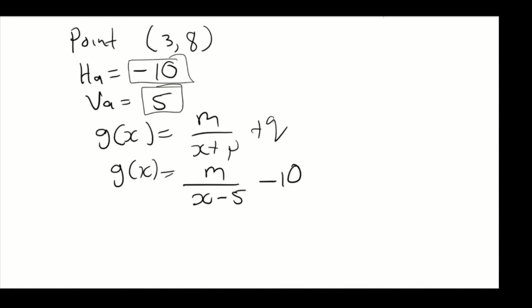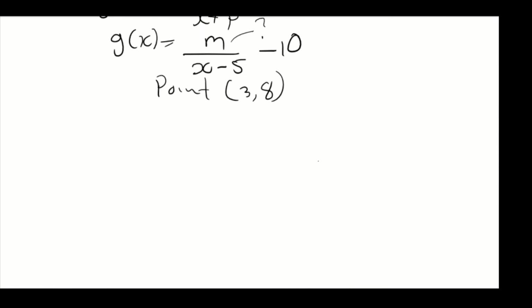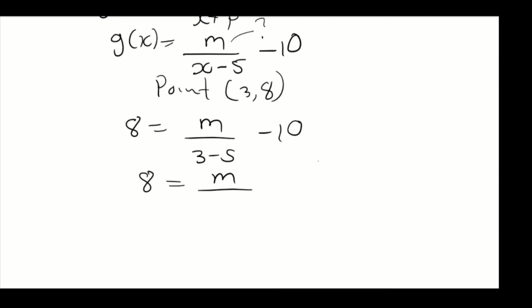So for us to complete the equation of this hyperbola, we need to find the value of m. We're going to use the point (3, 8) to find m. So we substitute this point: 8 is equal to m over (3 - 5) minus 10. So 8 is equal to m over -2 minus 10.